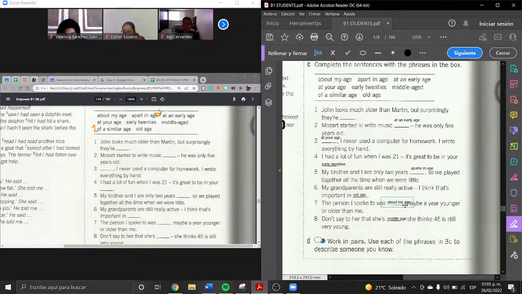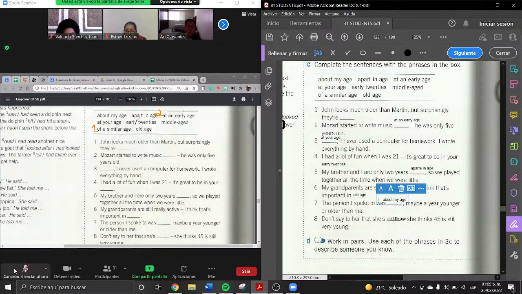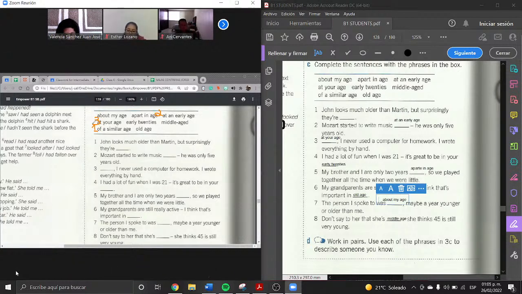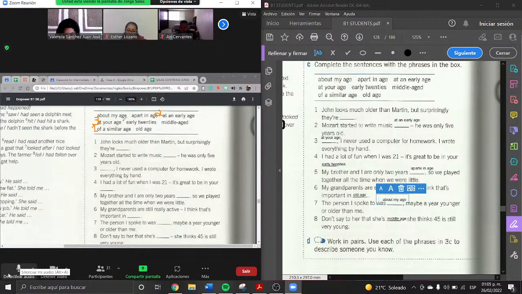Number 2, at an early age. I never used a computer for homework at your age. At your age. This is number 3. I had a lot of fun when I was 21. Early 20s.